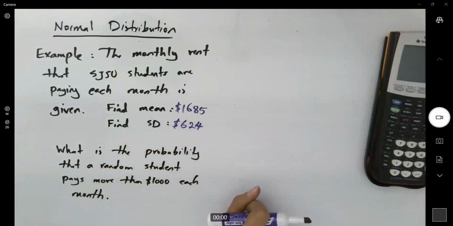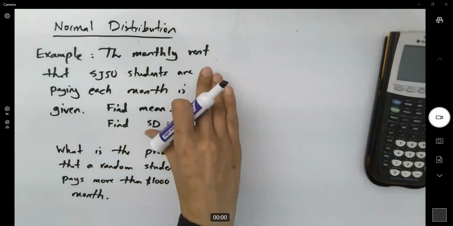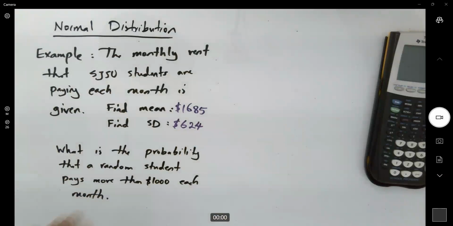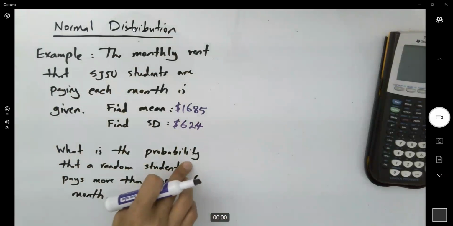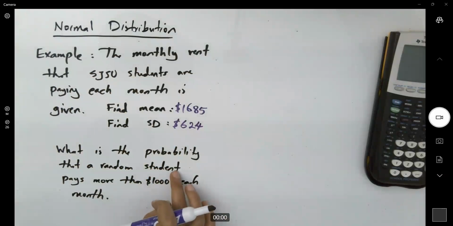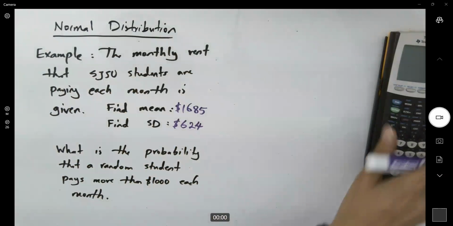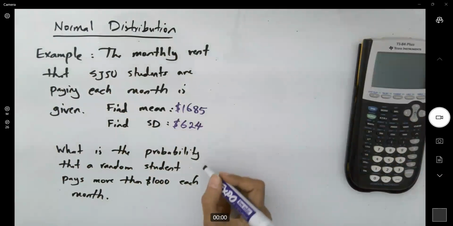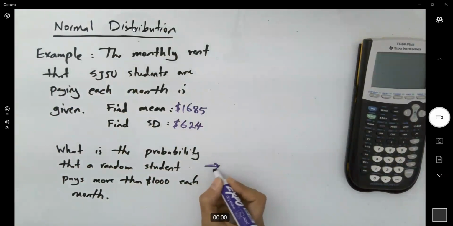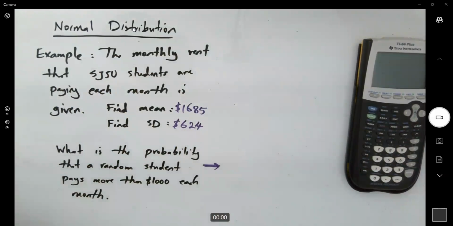Okay, this is our standard deviation. Very well. So assume the data is normal. How do we calculate the probability that you randomly select a student and that student pays more than 1,000? What are you going to do? You're going to use your calculator. To use your calculator, you're going to click on, so let me write down the calculator steps here for you.